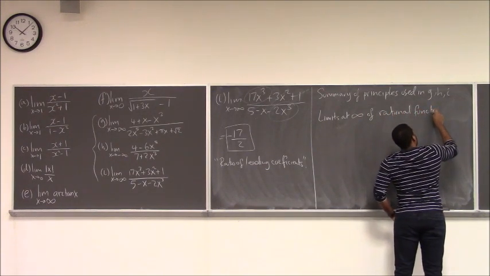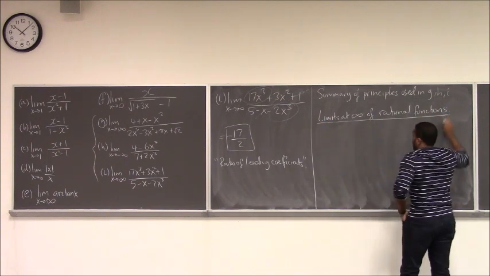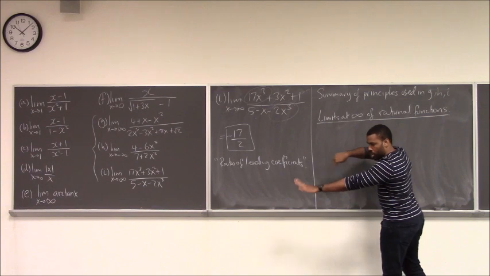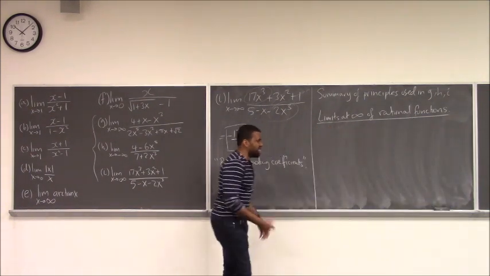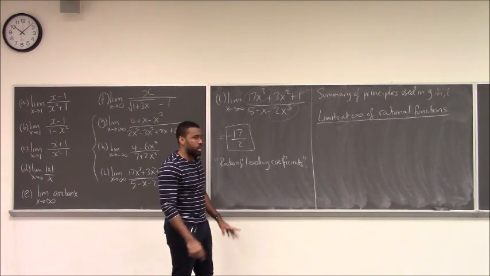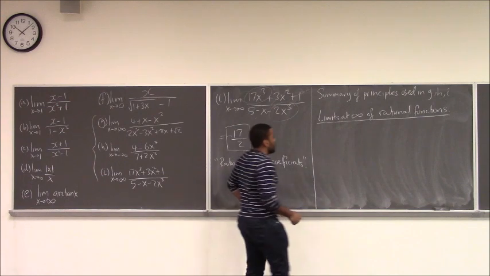Technically, you don't only have to apply this to rational functions, but you can apply it to any of those functions that I gave you in that long relationship in the last class. Just knowing who's bigger than who as you go to infinity, the same principles apply, and ratio of leading coefficients would kind of apply here.